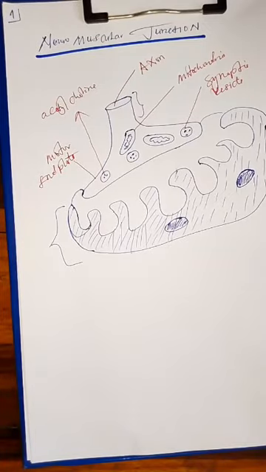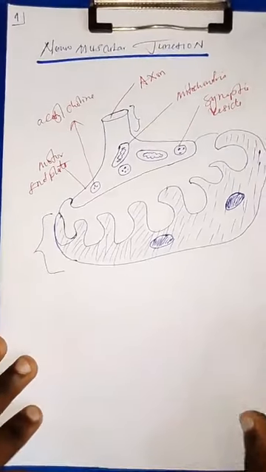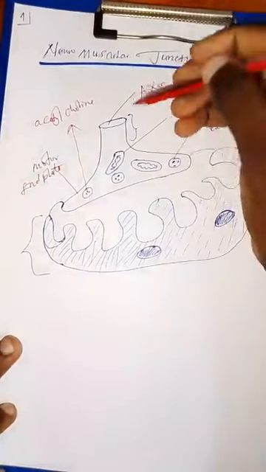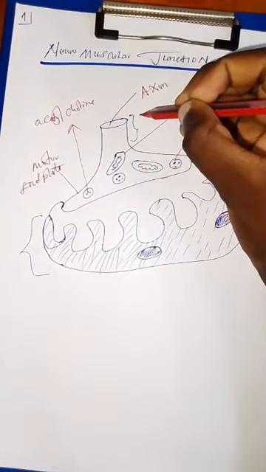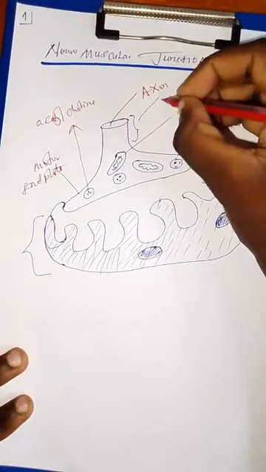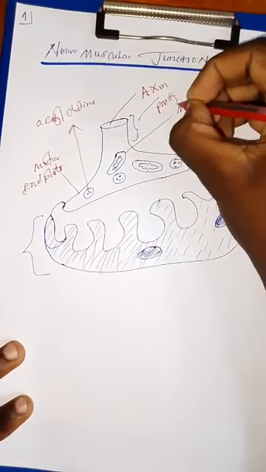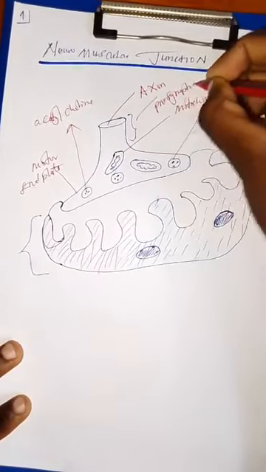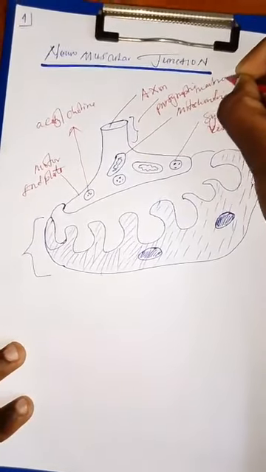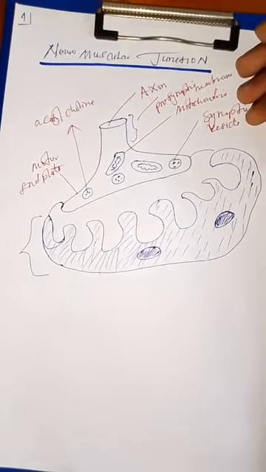So the membrane of the nerve ending is the presynaptic membrane, which is before the synaptic cleft. This is the presynaptic membrane.